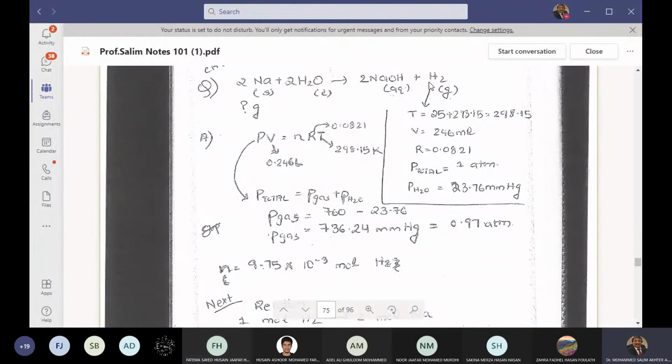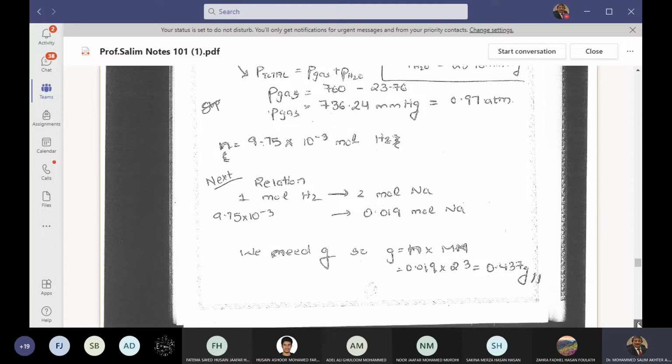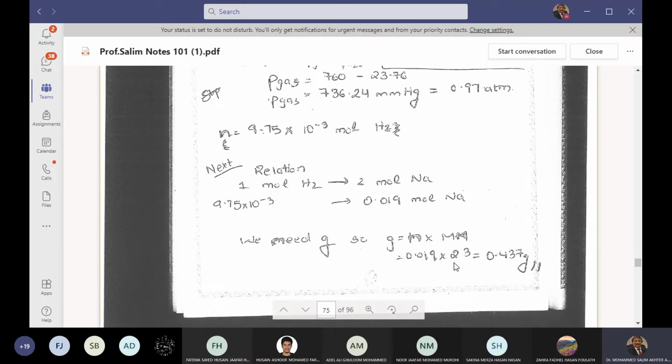Then 1 mole hydrogen, 2 mole sodium. 9.75 × 10 to the power minus 3 moles hydrogen. How many moles of sodium will I get? 0.019 moles of sodium, and then I multiply by 23.